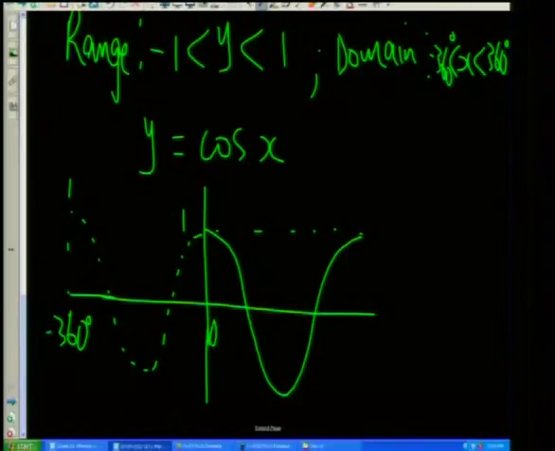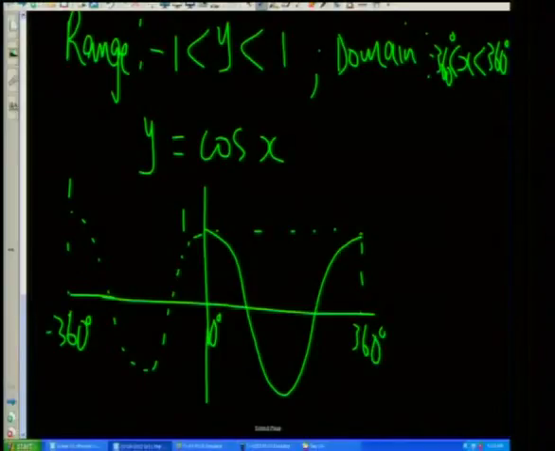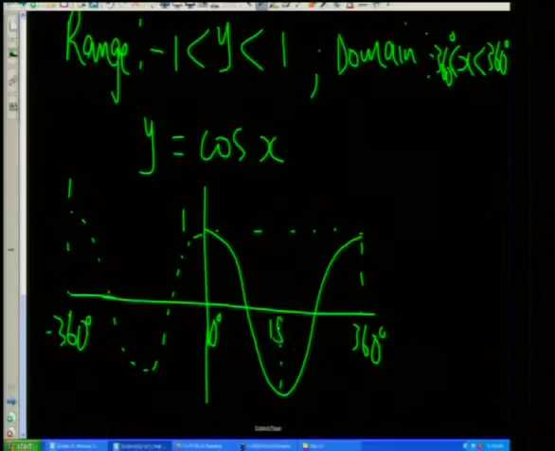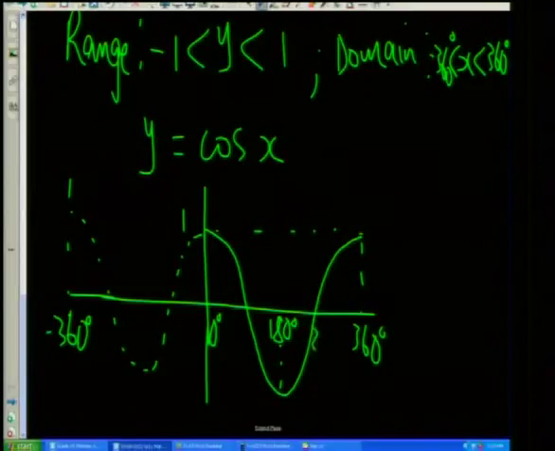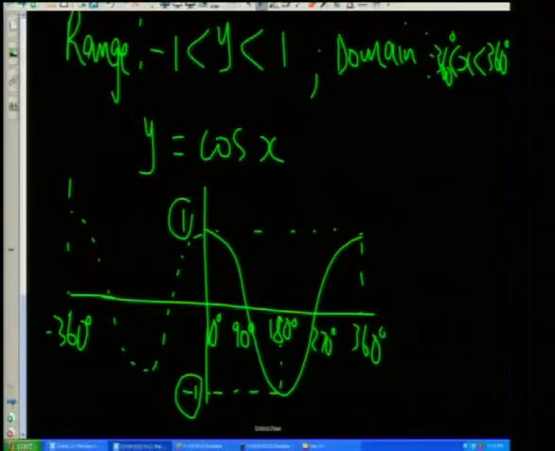That is 0 degrees there, and that will be 360 degrees. So again, the period for this graph is going to be the same as that of a sine. Over there, that's 270, and that is 90 degrees there. All right, so the minimum value becomes minus 1.